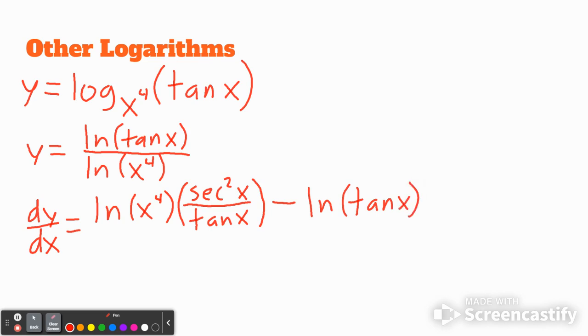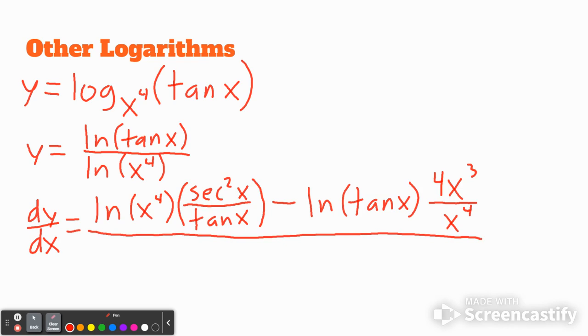And then d low, the derivative of the denominator, the derivative of natural log of x to the fourth, is 4x cubed over x to the fourth. All of this over natural log of x to the fourth squared.